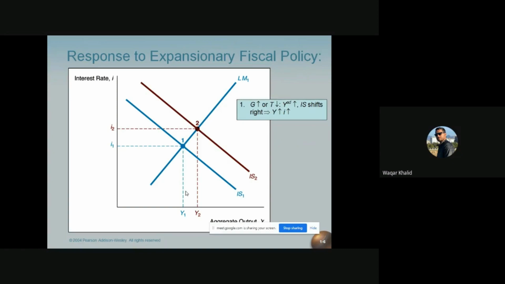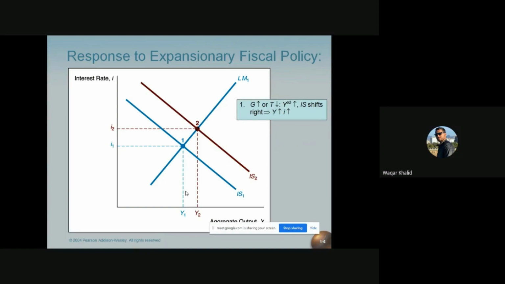In the previous case, Y1 is the aggregate level of output and the economy is at equilibrium at point 1, where we have I1 interest rate and Y1 level of aggregate output, and the IS curve touches the LM curve at point 1.